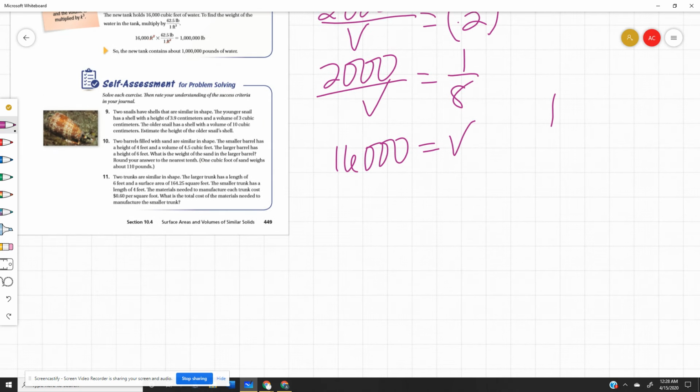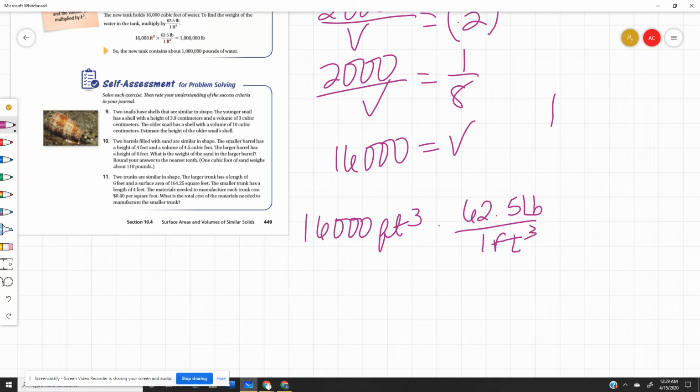Okay, right there. So we have 16,000 feet cubed of water. And we're going to multiply that by 62.5 pounds per 1 foot cubed. Okay? The feet cross out.